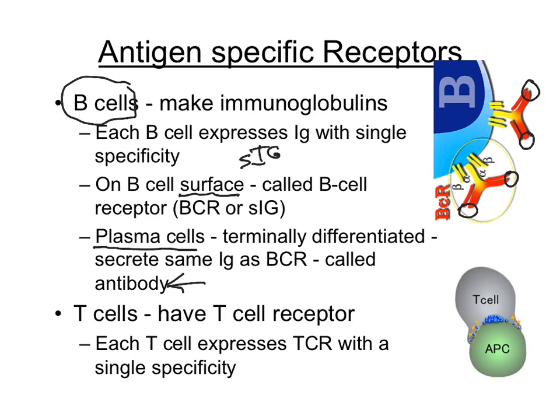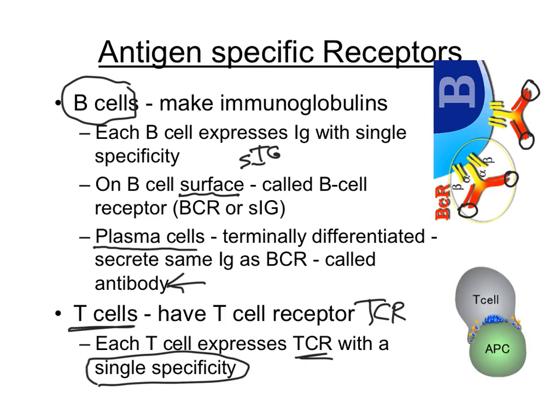The other type of cell receptor that we're going to talk about are T cells, and T cells have T cell receptors, TCRs, so BCRs and TCRs, and each T cell expresses its T cell receptor with only a specific single antigenic activity.